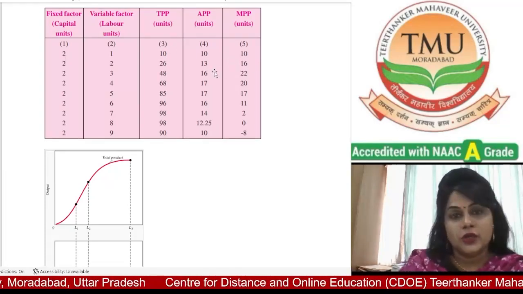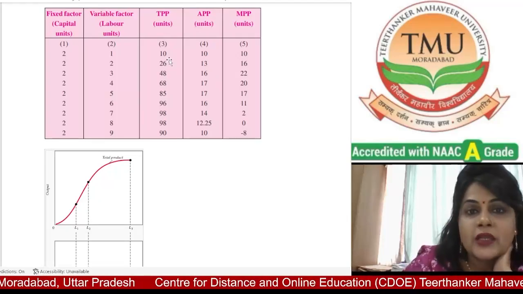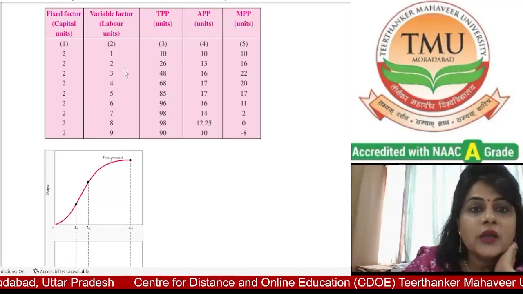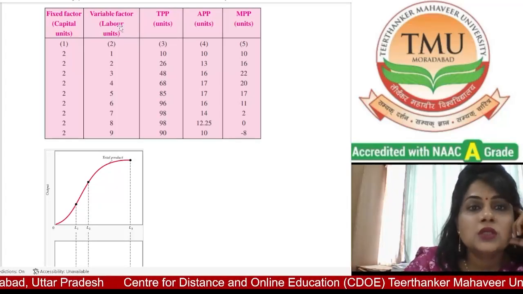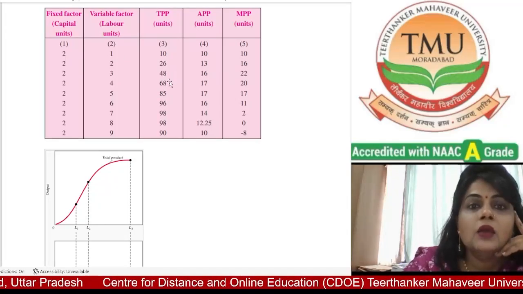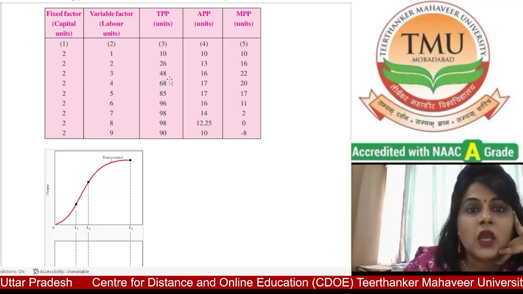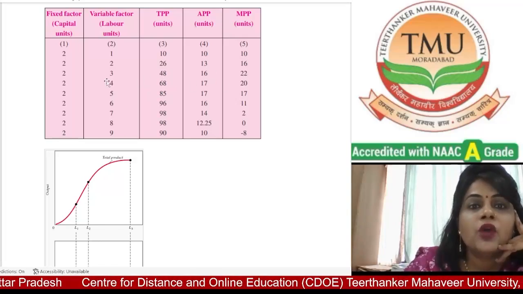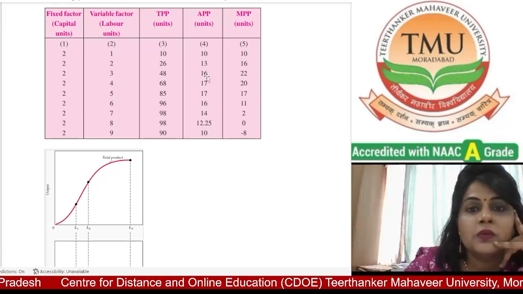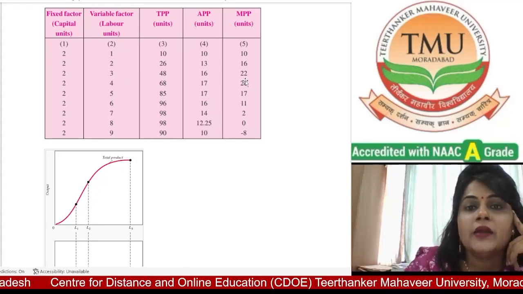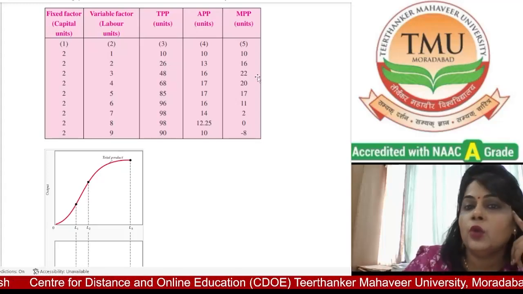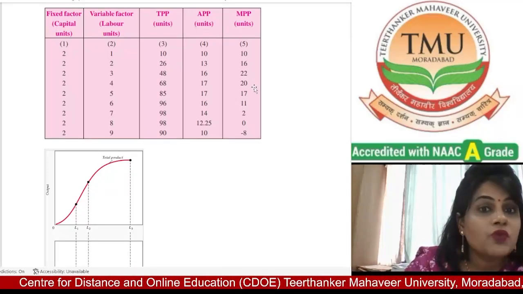MPP is the additional unit, 26 minus 10, 16. Now in the third, when we use the third variable factor, labor, TPP becomes 48 and APP is 48 divided by 3, it becomes 16, and MPP is 48 minus 26, it becomes 22. Hope you have understood well.